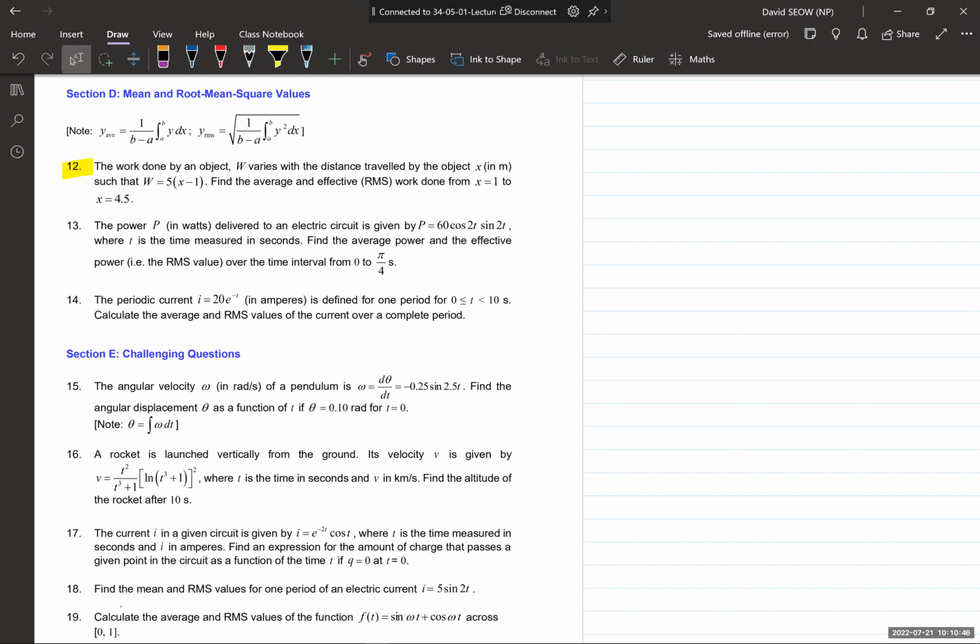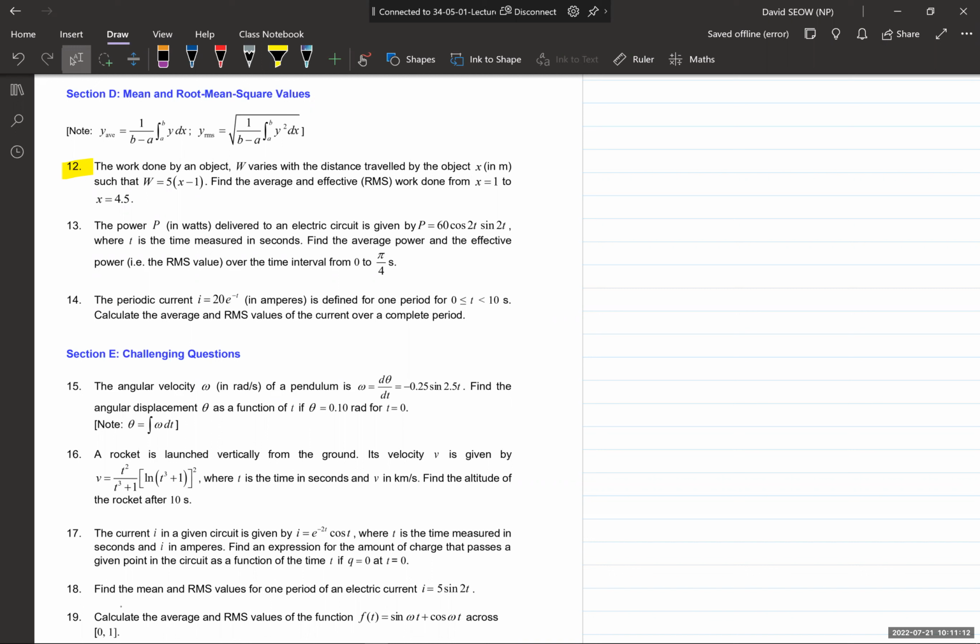Okay, the work done by an object. So now it's talking about work done. Actually, 12, 13, 14, if you look at it, it's all engineering issues. So there's work done, there's power, there's current. So number 12, work done by an object is W, and it varies with distance traveled by the object. So work done with the distance traveled is this expression.